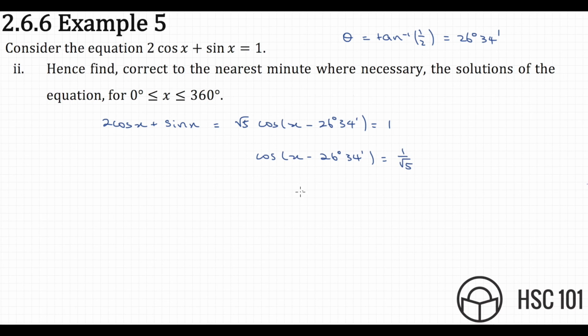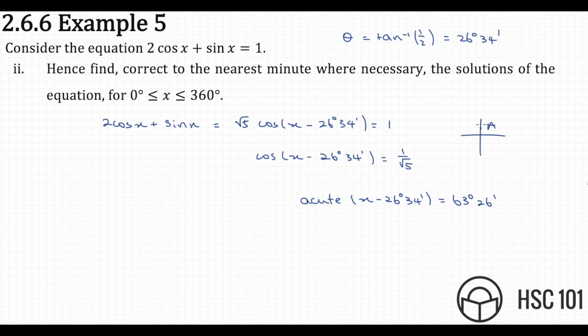Our acute angle for x minus 26 degrees and 34 minutes is going to be shift cosine 1 on root 5. So the acute angle in this case is going to be equal to 63 degrees and 26 minutes. Take note that we want to solve cosine of our angle to be equal to a positive value.